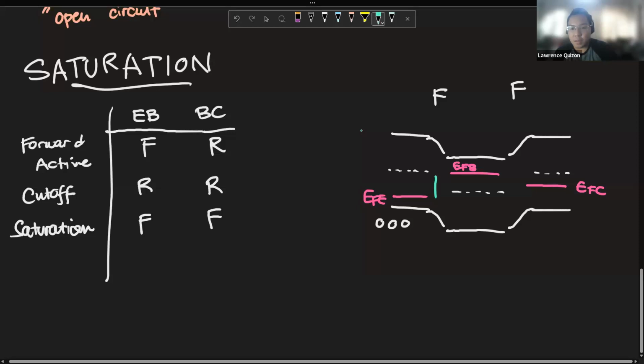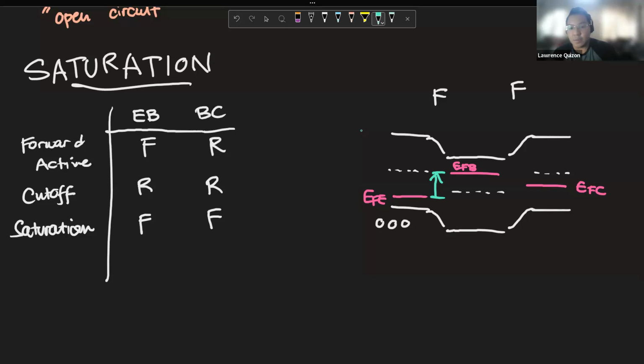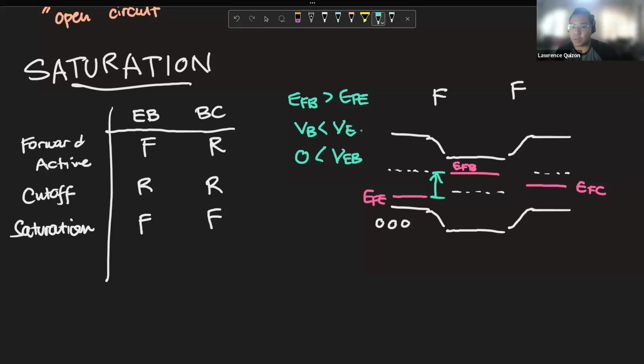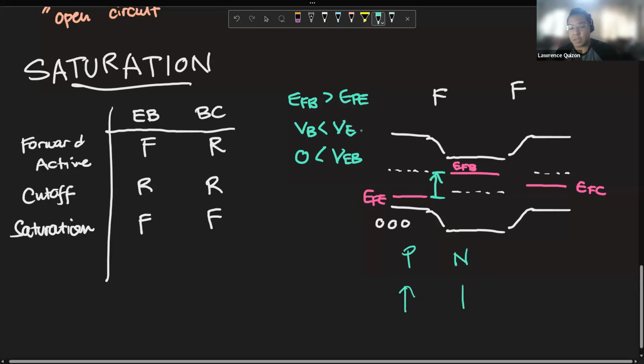So we can see this difference, which means that EFB is greater than EFE, meaning that VB is less than VE, or that VEB is our positive voltage. For a PNP, this is a condition for the forward biasing of the EB junction, because this is the P and this is the N, so the voltage of P should be higher than N.